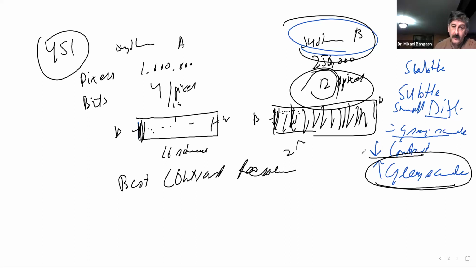Of which system here was going to have the lowest contrast? Did that make sense?